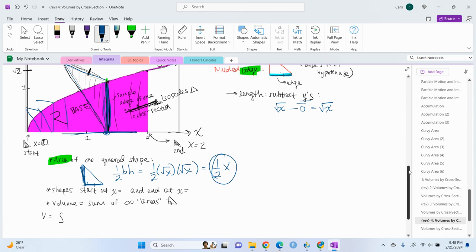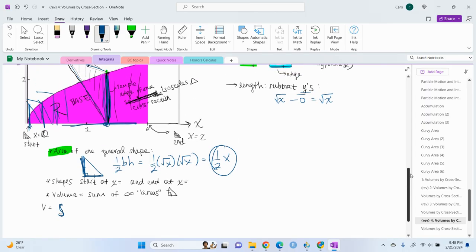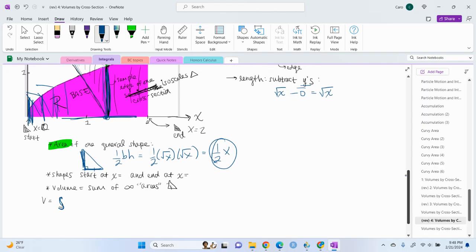How many triangles do we want? We want infinitely many triangles. We're going to add them up. We're going to use an integral to add up infinitely many. And we're chopping vertically. So our triangles start on the left here at x equals 0. Chop, all the way to 2. So start at x equals 0, end at x equals 2. So we're going to do the sum of infinitely many areas, but we're going to really turn them into volumes.